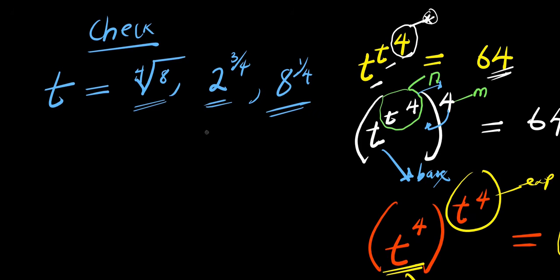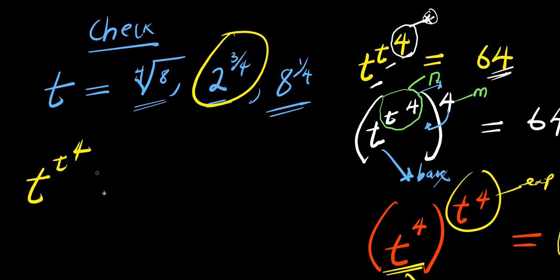We can transform them from this one to this one, from this one to this one. Now, let's insert it back here. We can consider inserting this. This is the simplest form. We have t power 4, and this equals 8. 8 is 64. I insert this for t.